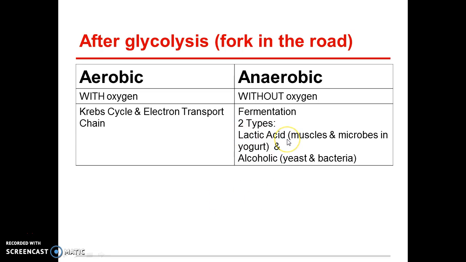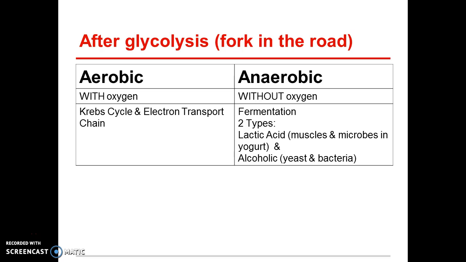There's lactic acid fermentation, and everybody who has worked out ever in their lives and had sore muscles the next day, you are experiencing what it feels like to have your muscles go through anaerobic respiration. Your muscles will build up something called lactic acid, and it will cause the cramping and the pain the next day after a workout.